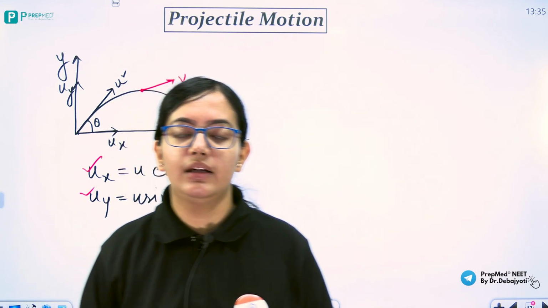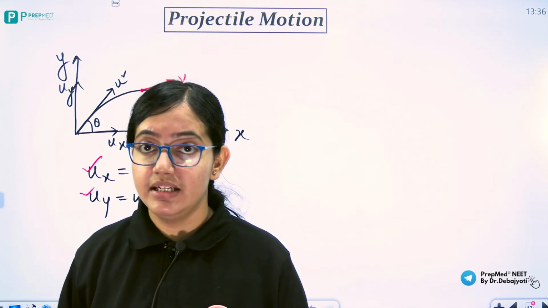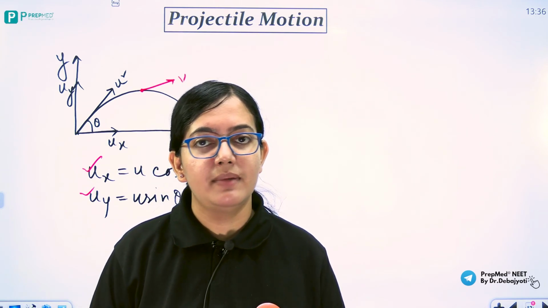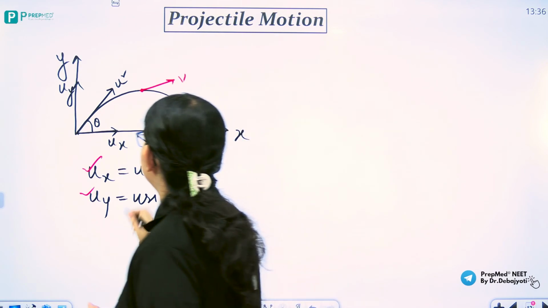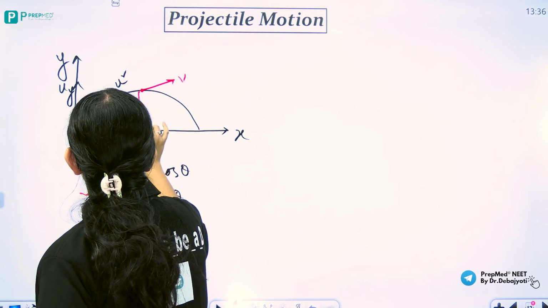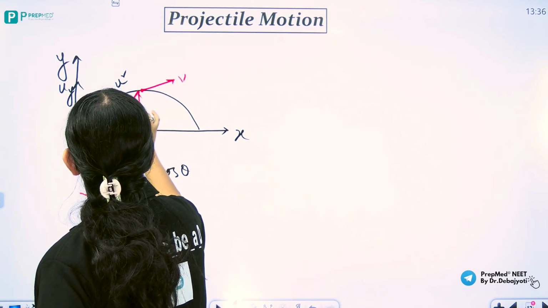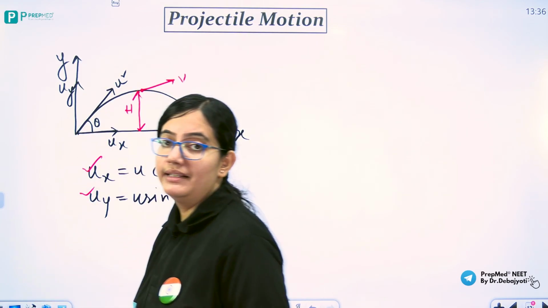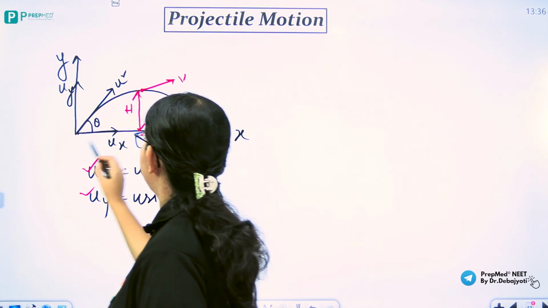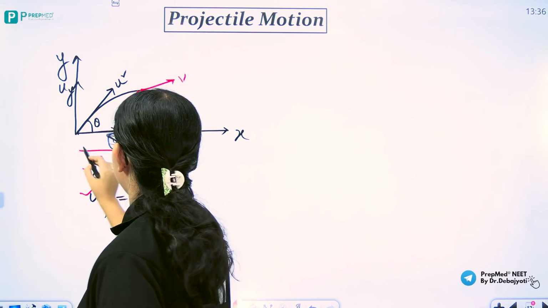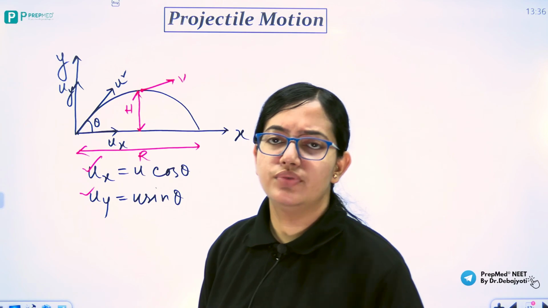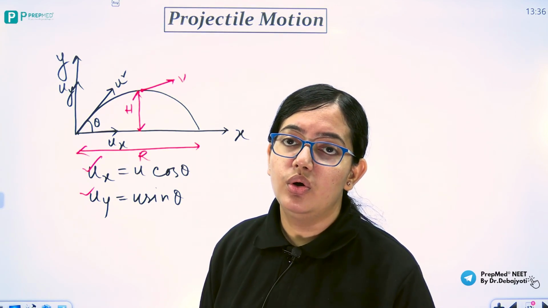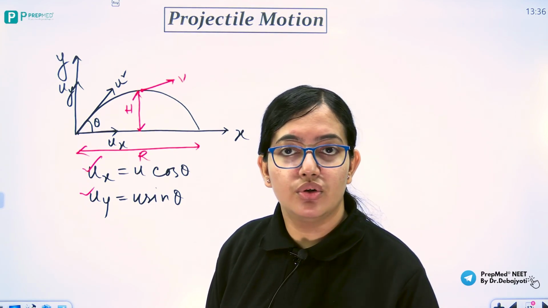So here what we need to calculate? We need to calculate the horizontal range and also the maximum height attained by the projectile. So let us consider this is the maximum height attained by this projectile, and this is the horizontal range. We are taking it as r. First we need to know the equations of motion.